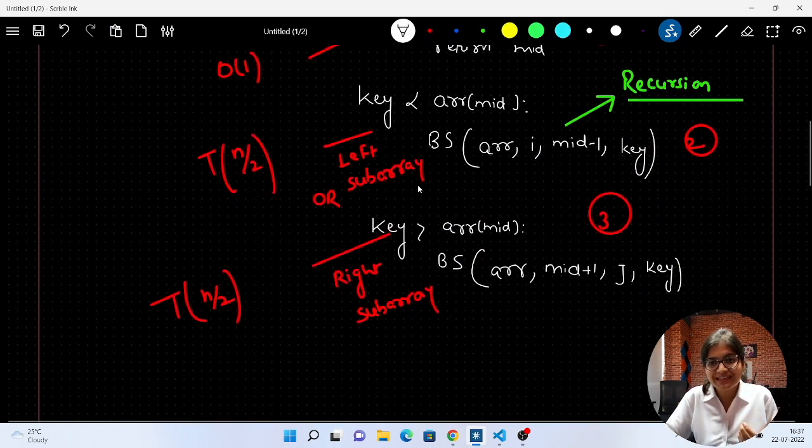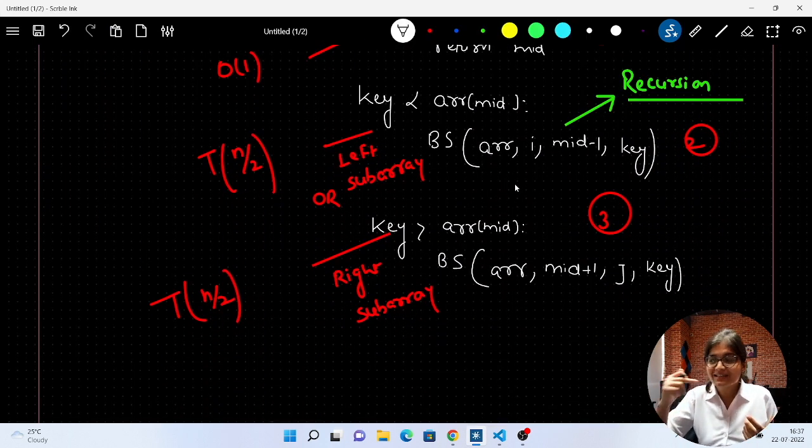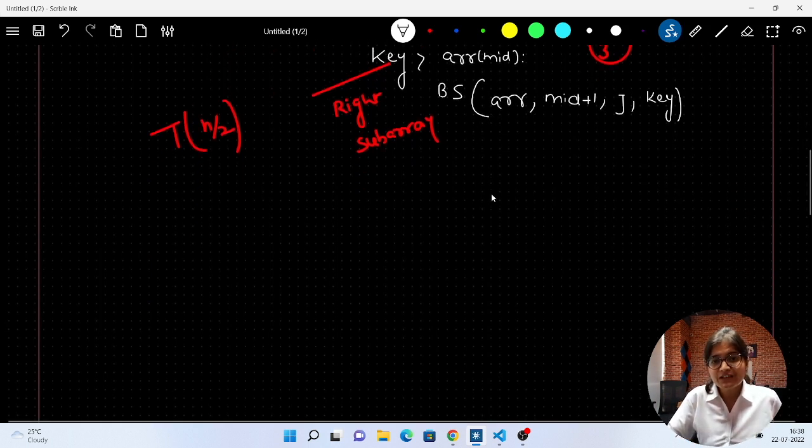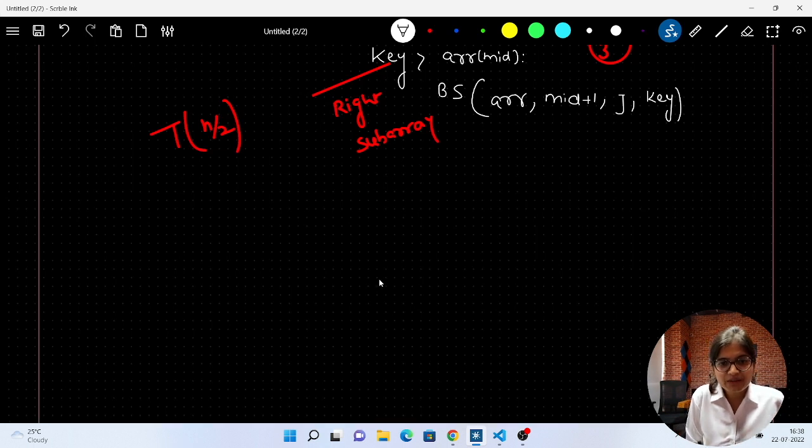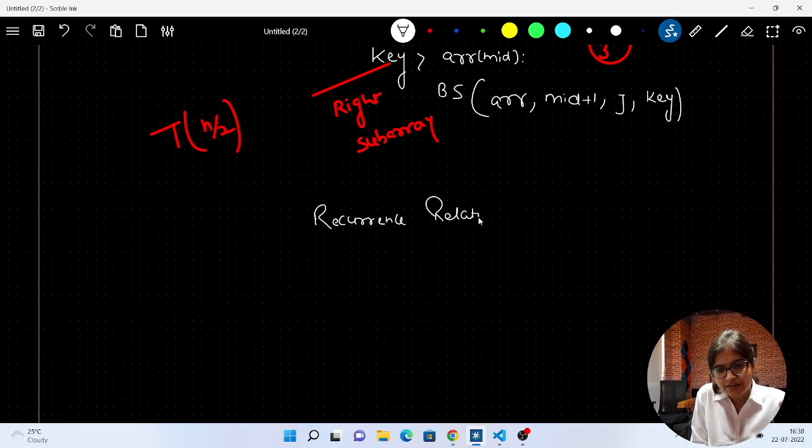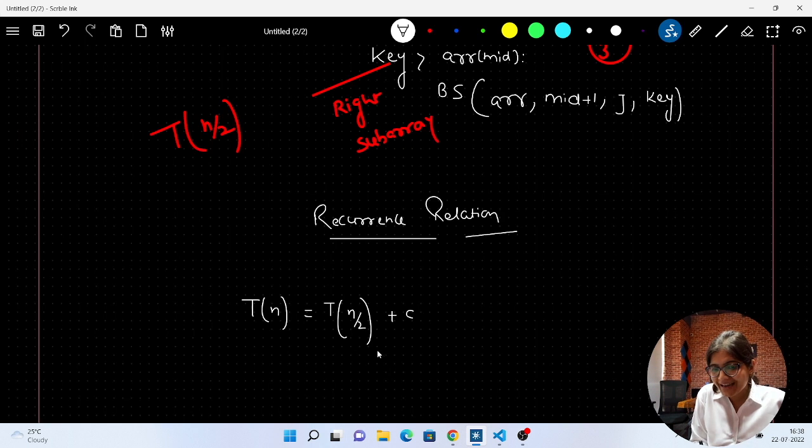So it's an example of recursion. You can see that we are calling the same function again, but with a different set of parameters. Now, what is the recurrence relation in this particular case? You can simply say that T of n, the time complexity, is equal to T of n by 2 plus C. Why T of n by 2 and why not 2T of n by 2?